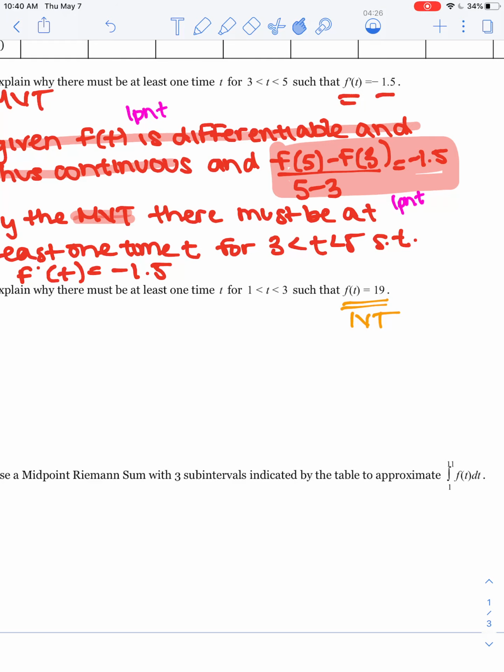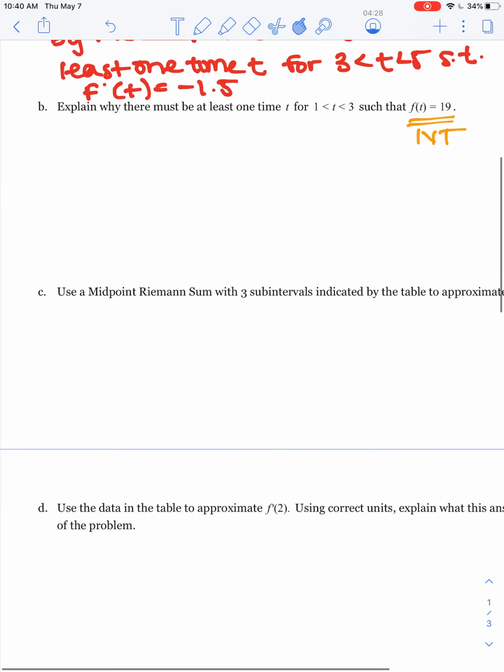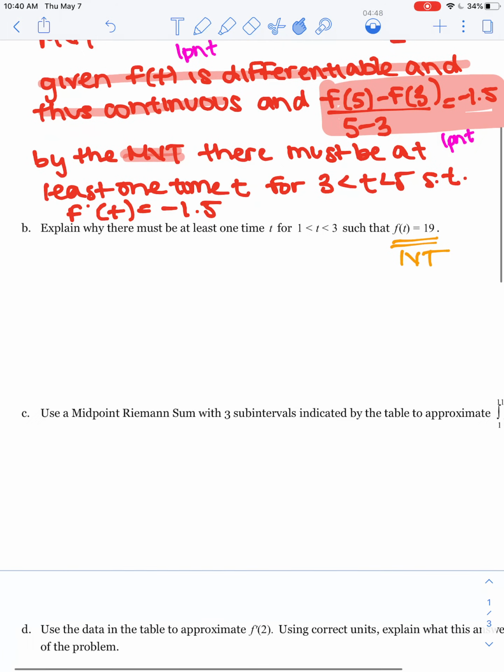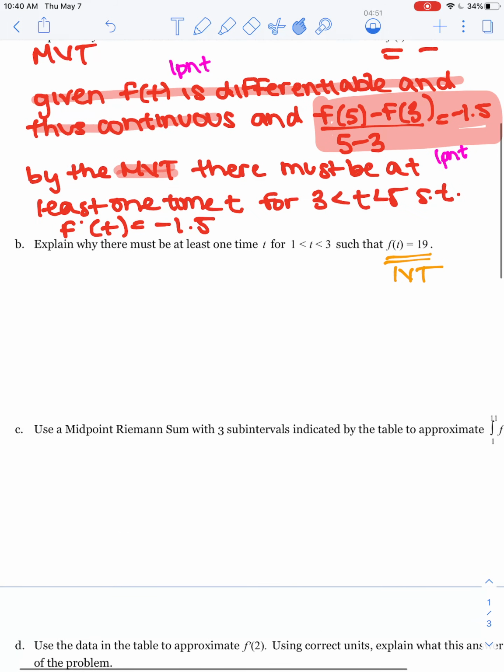What we would need to do is explain that this is differentiable and continuous here if we didn't in part A. If you already did it in A, you would not need to reaccount that information here. But let's assume we did, since we're banking on this information to use the intermediate value theorem.